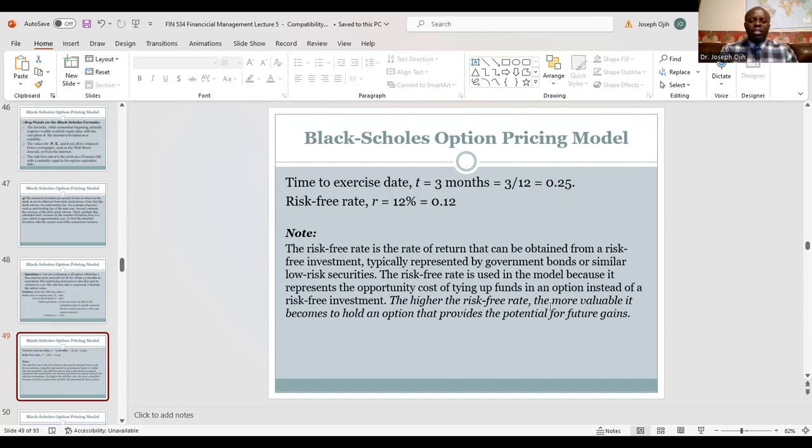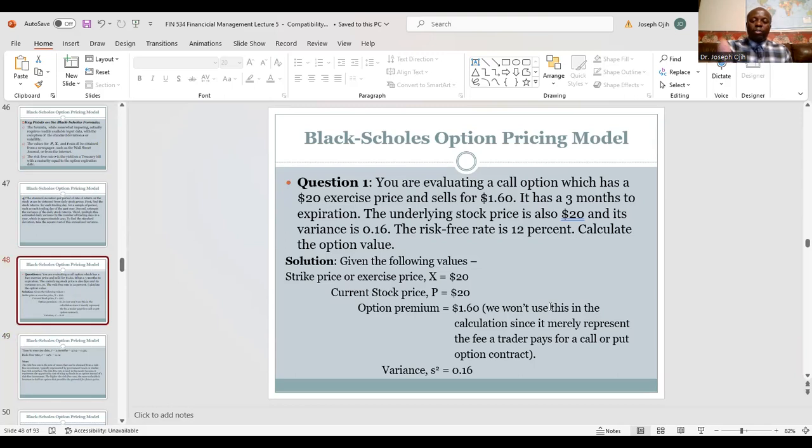The risk-free rate is used in the model because it represents the opportunity cost of tying up funds in an option instead of a risk-free investment. So the higher the risk-free rate, the more valuable it becomes to hold an option that provides the potential for future gains.